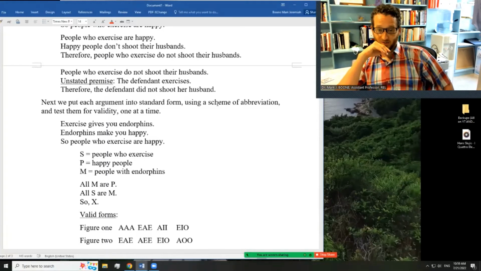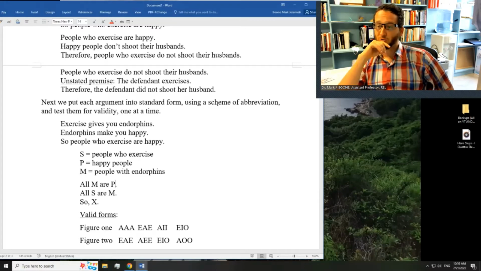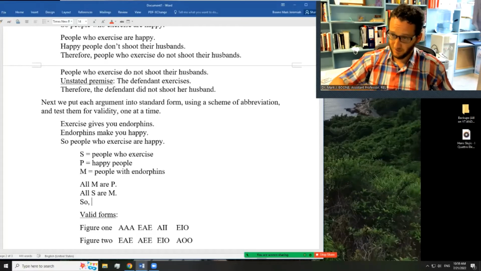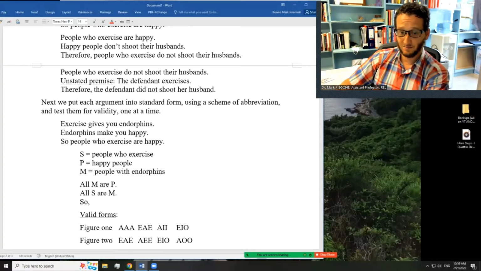All people who exercise, no, all people with endorphins are happy people. Yes, that's it. Those are the categories in the argument that we care about. And it's a perfectly faithful representation of the argument in context. Remember, the person making the argument, Reese Witherspoon's character, is trying to get us from the defendant exercises to the defendant did not shoot her husband.